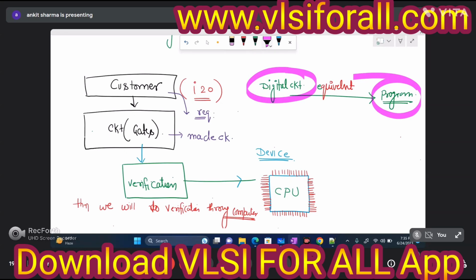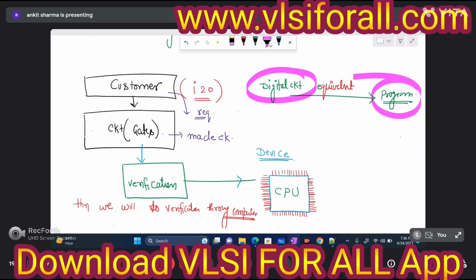Okay, so that means without verification you cannot send. You do not have that option. You have to do a verification. But if you are doing a verification, then you have a challenge. For a smaller circuit you can do a manual verification, but for a CPU or such a big design you cannot do a manual verification. That is a problem.